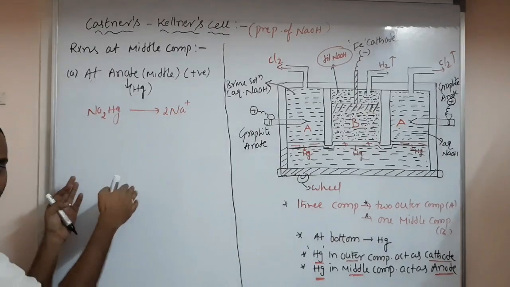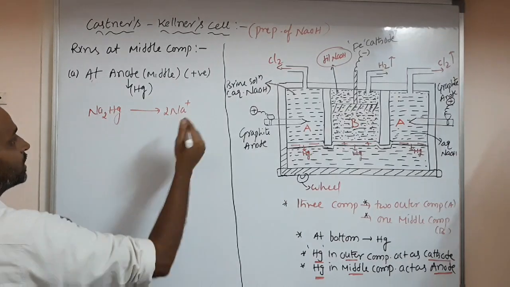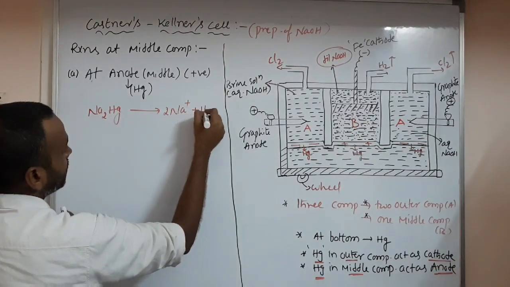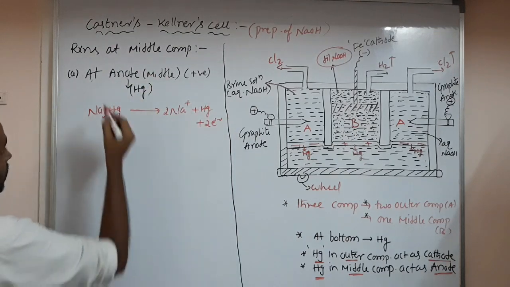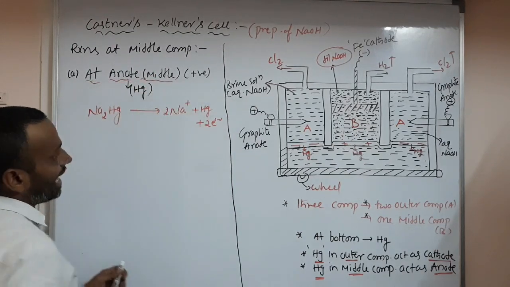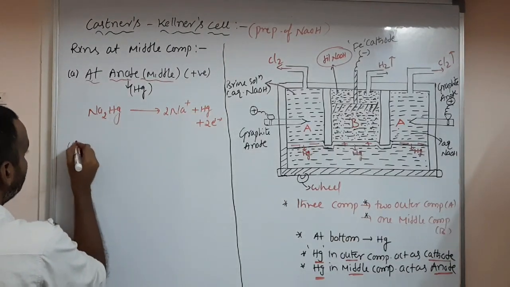Same as the reaction we wrote at the cathode in the outer compartment, the reverse reaction here: 2Na plus, Hg, plus 2 electrons. This is the reaction at middle anode. So Na plus is formed at anode.